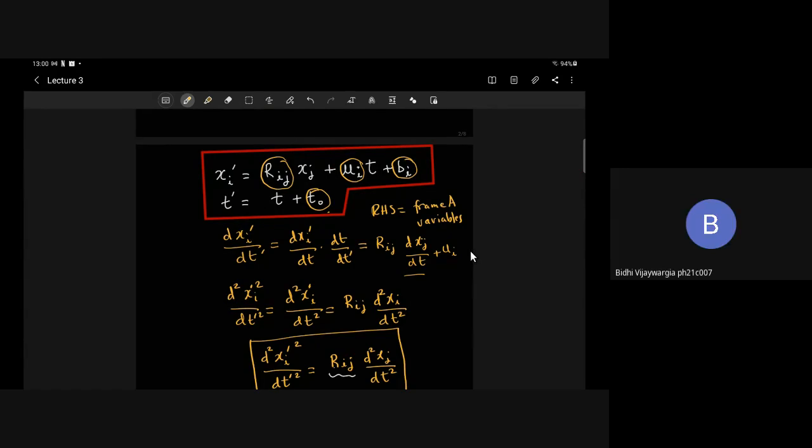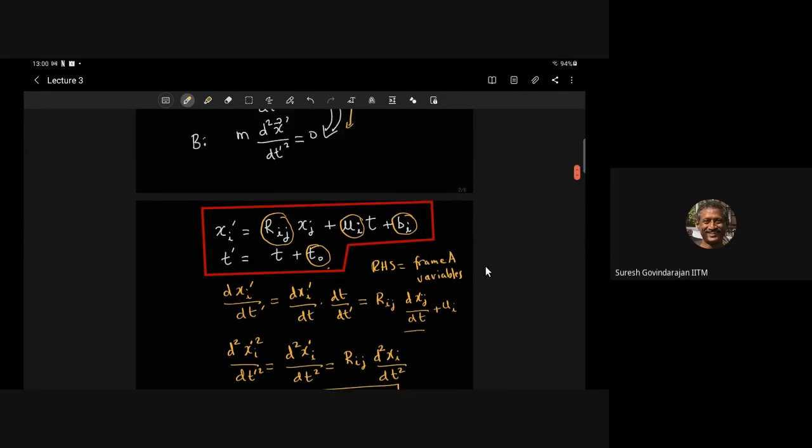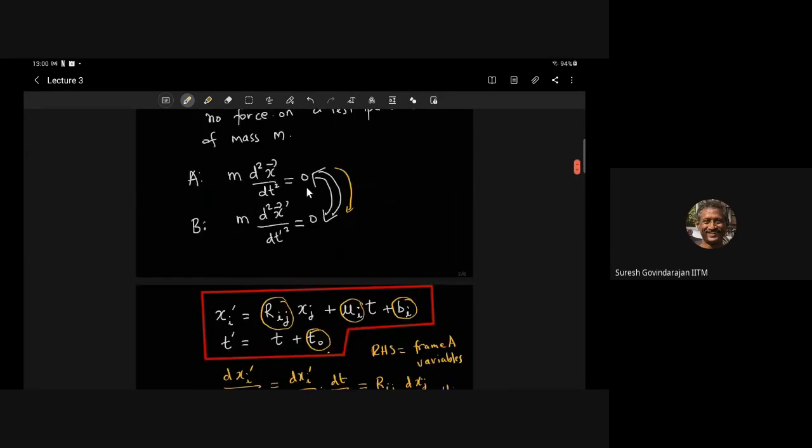Here you have written the transformation equations for x_i dash and t dash. So was this a hit and trial method? How did we arrive at this? Actually, it's extremely simple. The most general solution to something like d squared x by dt squared equal to 0 will have only these kinds of terms.